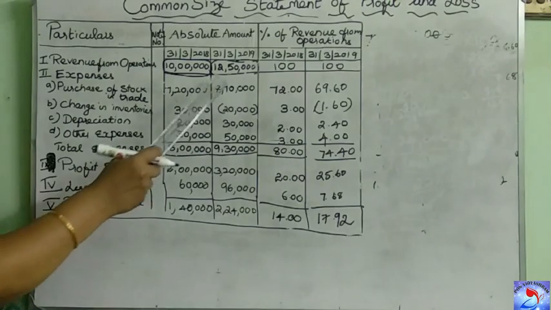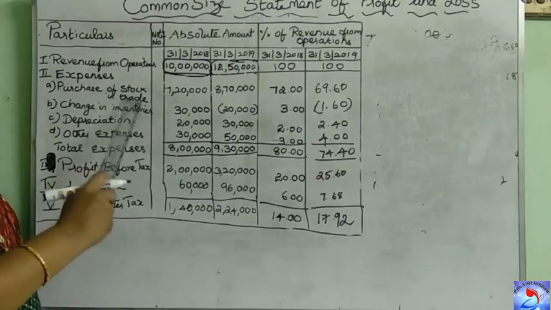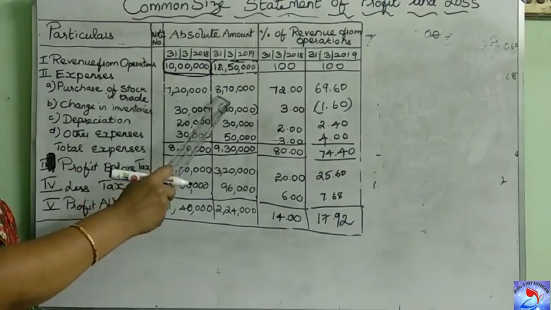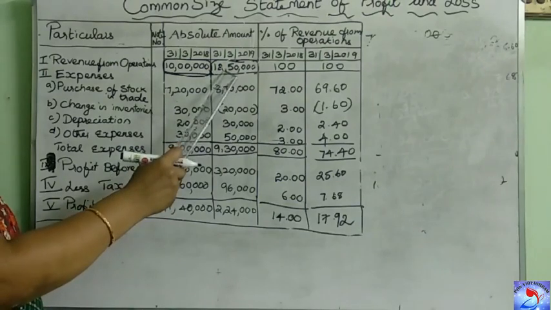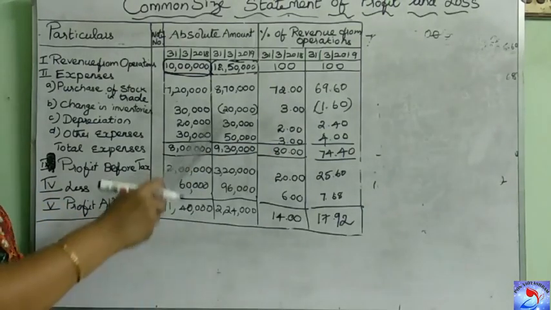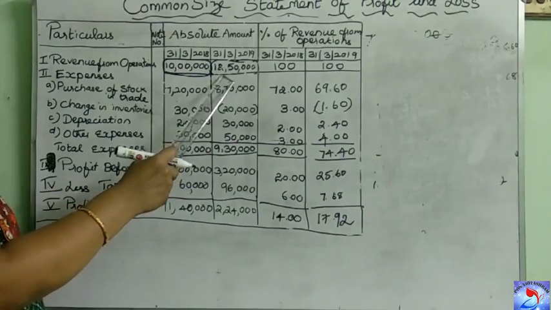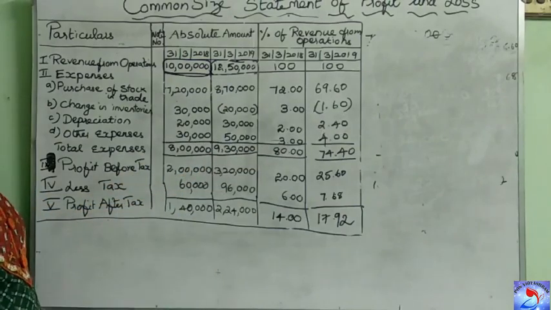For 2019, the base is 12,50,000 for each thing, like purchase of stock in trade, 8,70,000 divided by 12,50,000 into 100. It will give you 69.60. 20,000 divided by 12,50,000 into 100 will give you 1.60.